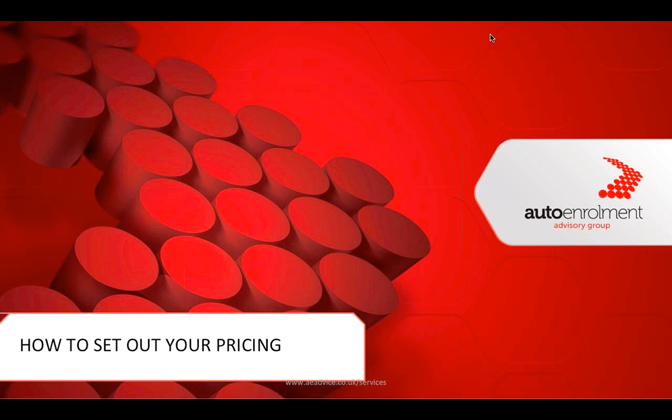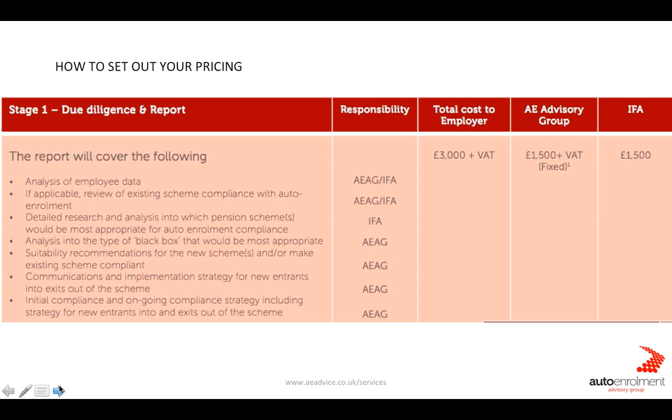Okay, so let's talk about pricing. As I said, part of a clear proposition is setting out your pricing, setting it out really well, and being clear in terms of what it does. We believe that a fair and marketable cost for the initial report is about three grand.